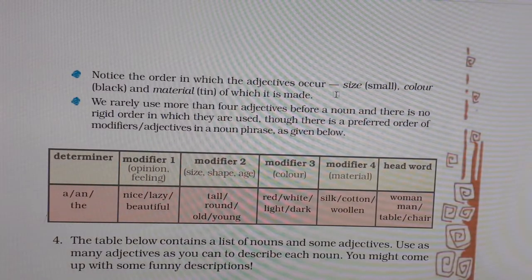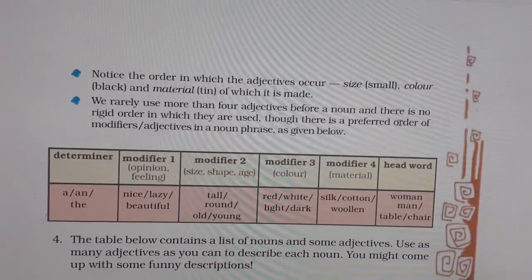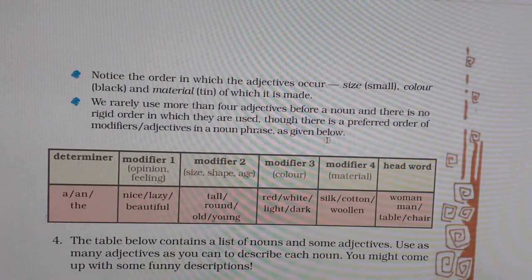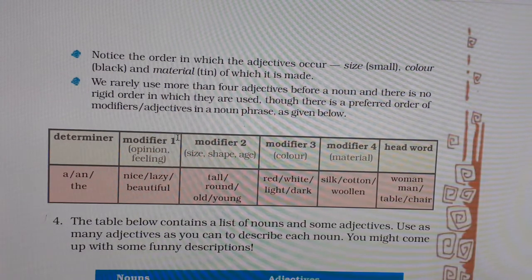Notice the order in which the adjectives occur, that is size, color, and material of which it is made. We rarely use more than four adjectives before a noun, and there is no rigid order in which they are used, though there is a preferred order of modifier adjectives in a noun phrase, as given below. So there is no rigid order, but there is a proper way to describe a noun.